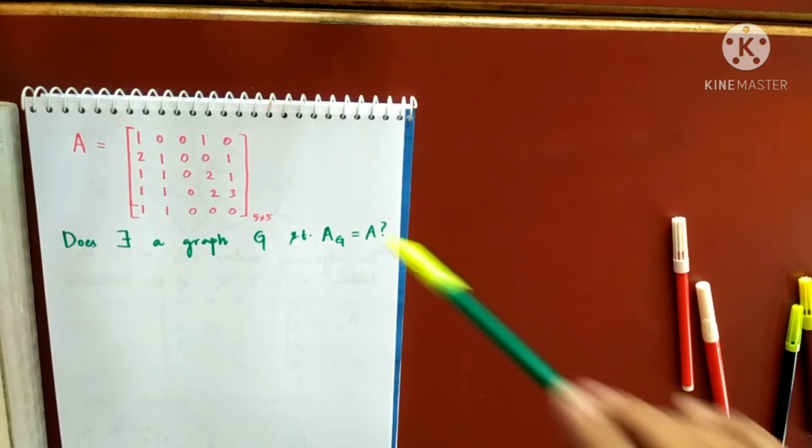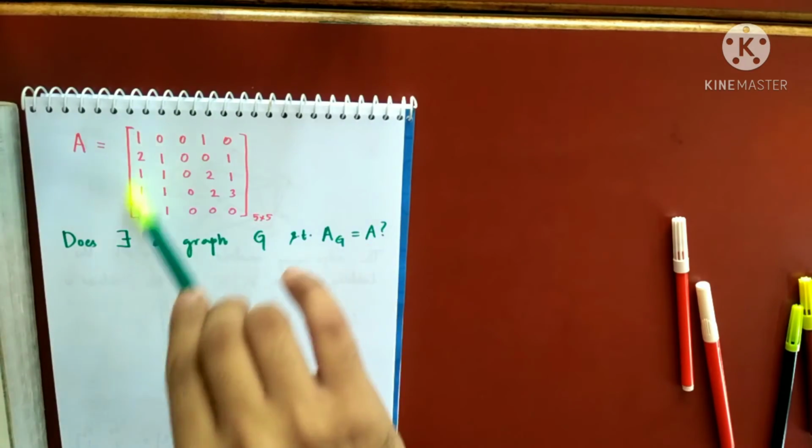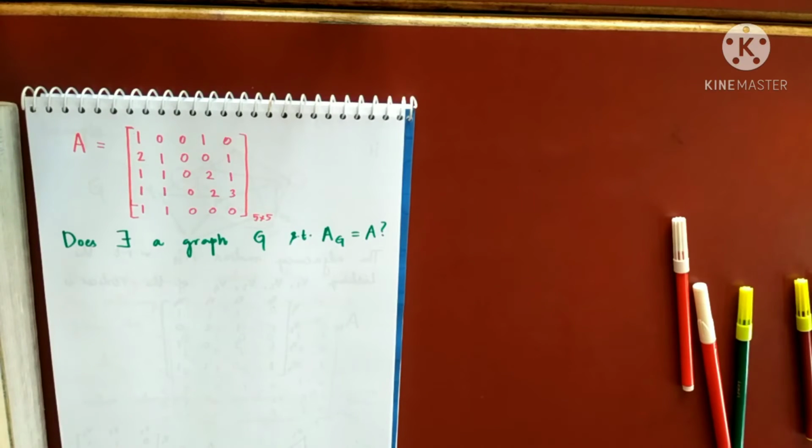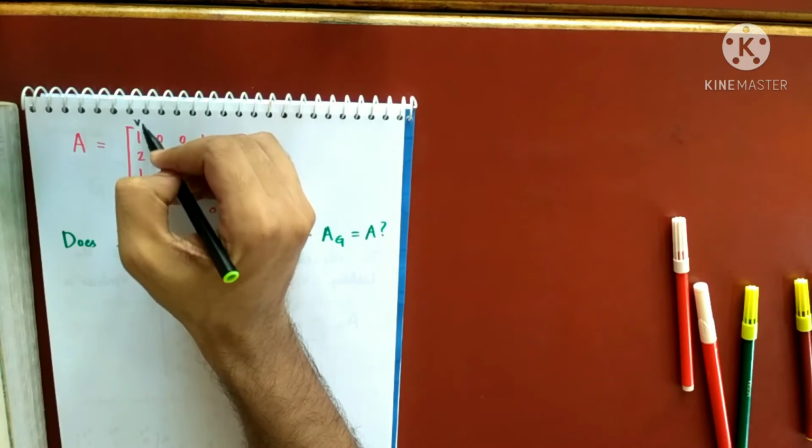So I am assuming that this symmetric matrix has non-negative entries. So given any symmetric matrix over the set of non-negative integers, will there always correspond a graph whose adjacency matrix is same as A? The answer is yes. Okay, so how can we draw this graph? You give any listing.